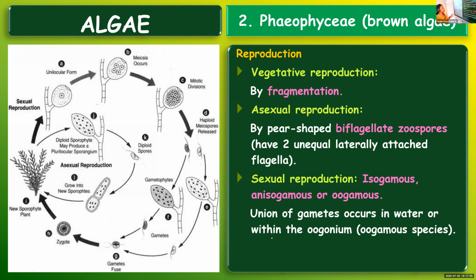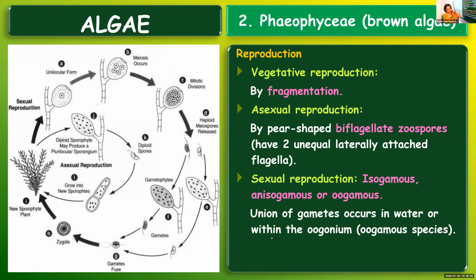I'll repeat the points once again. We were discussing the reproduction taking place in brown algae, and the different methods of reproduction you can find. It can be vegetative, asexual, and sexual. Vegetative reproduction takes place by means of fragmentation, and asexual reproduction by biflagellated zoospores, whose flagella are unequal and laterally placed.